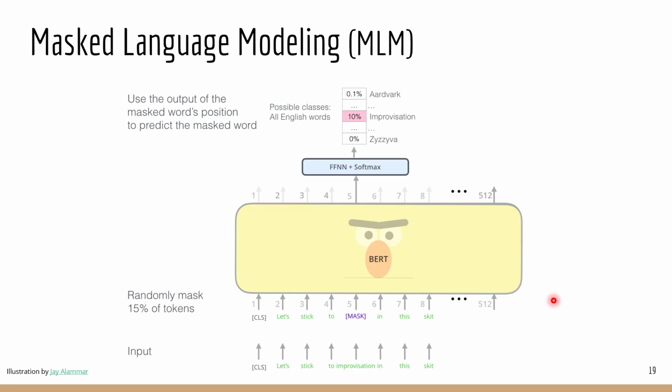With this simple idea and with a stack of encoders, you can transform the original transformer model into a language model. But the objective is not like the conventional language modeling in which you had a sequence of words and you had to predict the next word after that sequence. Here you have some missing words in the sequence, some masked words, and the objective is to predict that missing word, which is "improvisation" here.